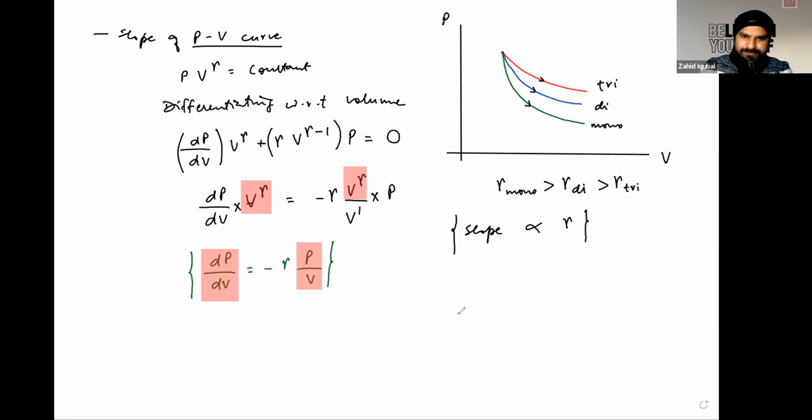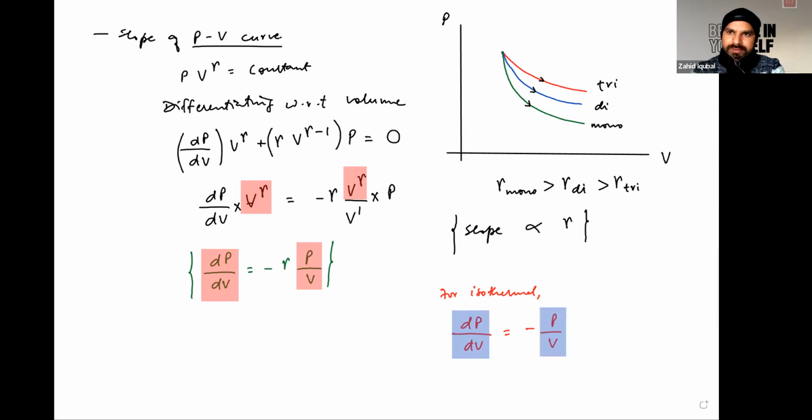For the isothermal process, it was dP by dV equals minus P by V. If you compare these two expressions, here dP by dV is just minus P by V, but for the adiabatic process, minus gamma times P by V. So we can say the slope of the adiabatic process will be gamma times the slope of the isothermal process.